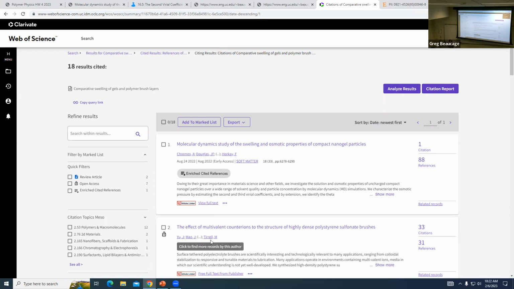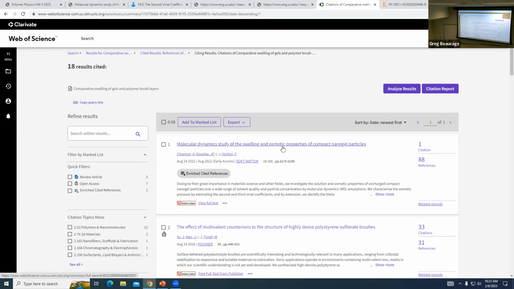Matt Tirrell is a guy, he was at Minnesota, now he's at University of Chicago. He founded the molecular, it's like a biomolecular something, big time money dump place in the University of Chicago for polymers. Anyway, that's got 33 citations, more than the first one.